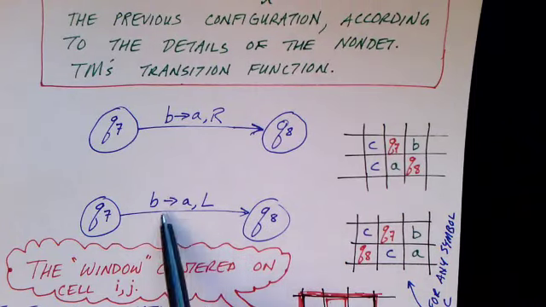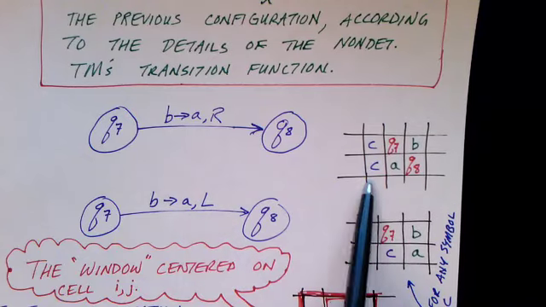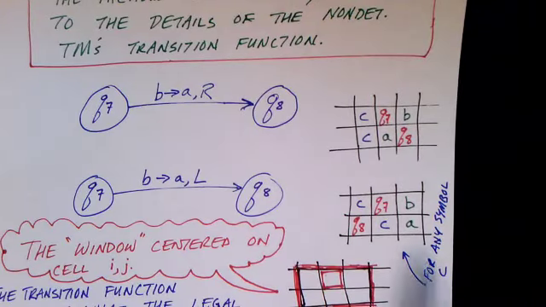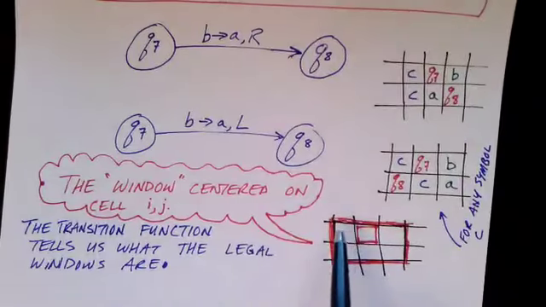And note that C is not mentioned in these transitions. So regardless of what C is, these transitions are legal. So these can apply for any symbol C that is on the tape. So notice what we're doing here.